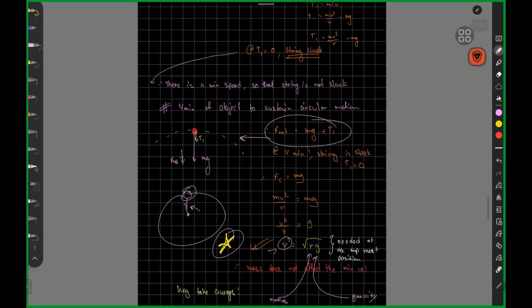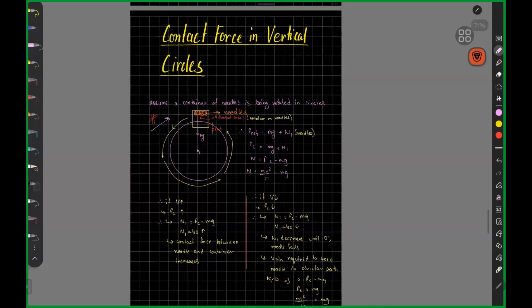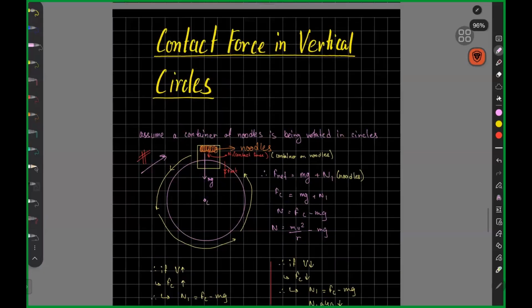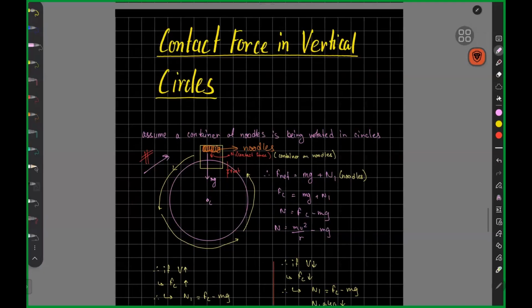Fair enough. So now, contact forces. This is the last thing of circular motion, and then we will start off with gravitational field. So with contact forces, again, I come back to that same example, which I have probably said like 5 times, because most people relate to that example.